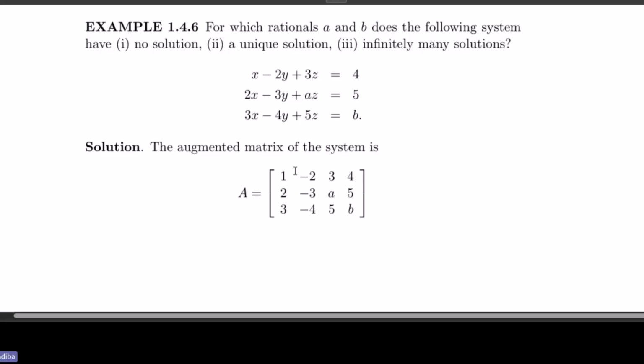Let's say in my case, I know that if A is 4, this will have no system. If B is not 6, this system will have no solution. So then I chose A to be 2 and B to be 3. Still with me?